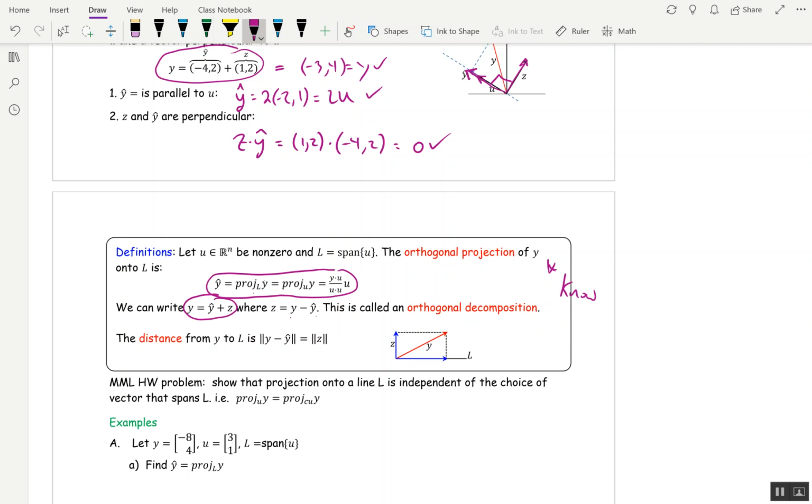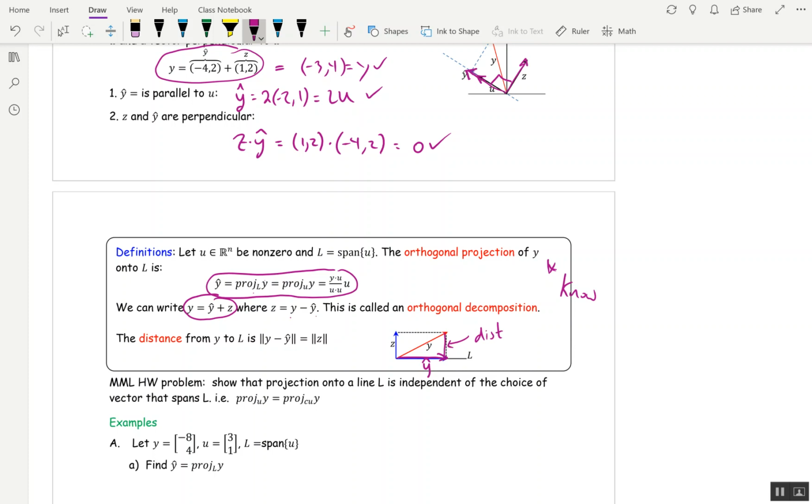Now z, if we look at this picture here, if we project y onto L, that's this vector here, that's y hat. Z is perpendicular to y hat. Z measures the distance from y to L. And so that's the length of z, which is the length of y minus y hat.